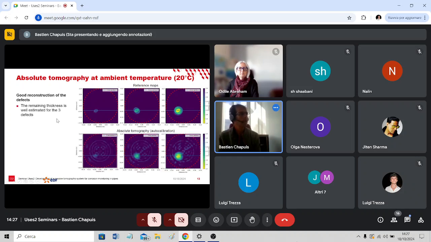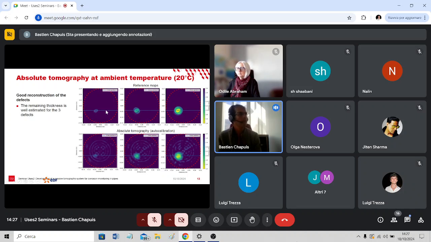And we show here the absolute tomography. When I say absolute, it means without baseline. So we don't need a baseline. We use an auto-calibration algorithm, and we produce this type of images.